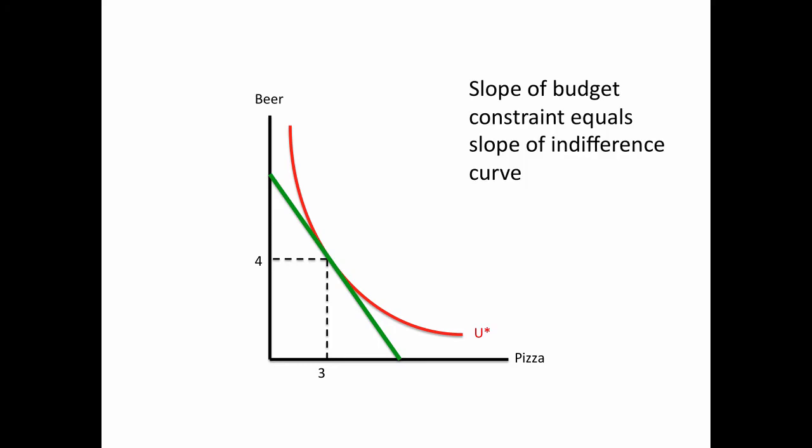What's also important here is that the slope of the budget line is equal to the slope of the indifference curve. It's the exact same kind of concept as when we were trying to choose the least cost bundle of inputs in a production example.